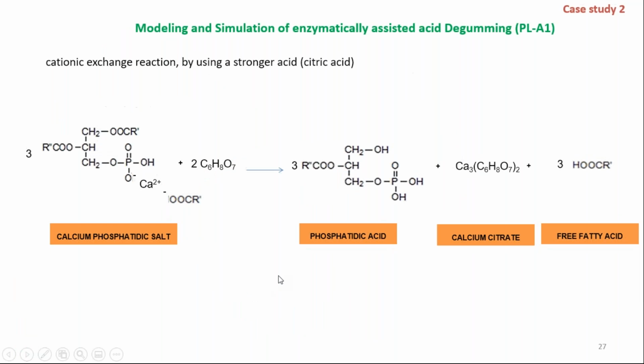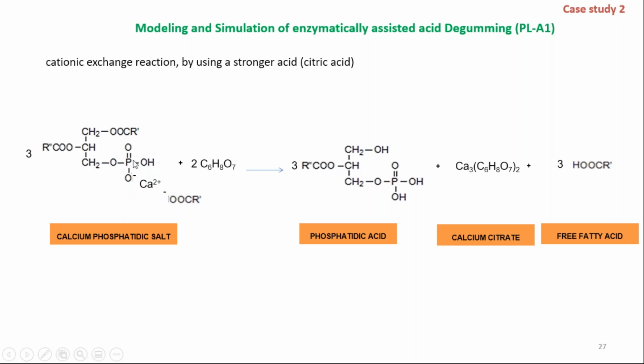Okay, so here we see the stoichiometric reaction between the calcium phosphatidic salt and the citric acid. We are going to form calcium citrate, which is a precipitate.